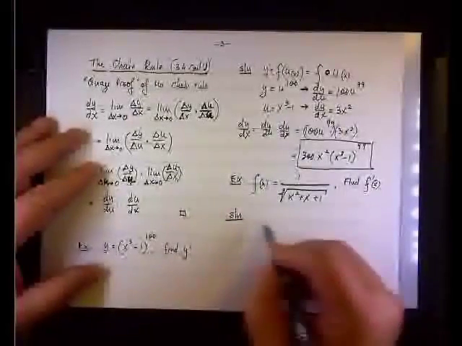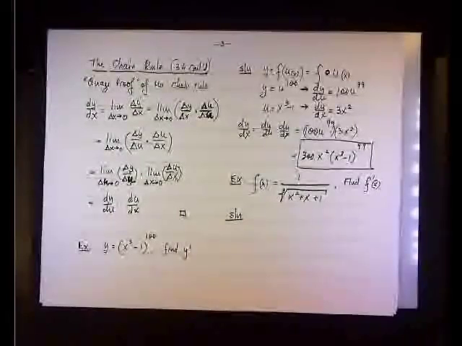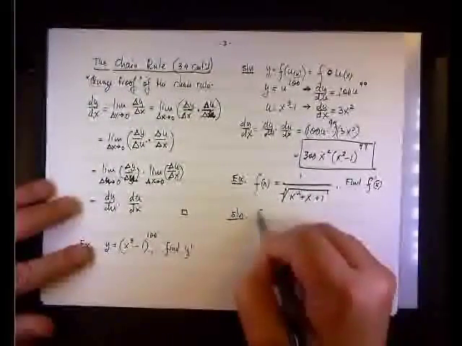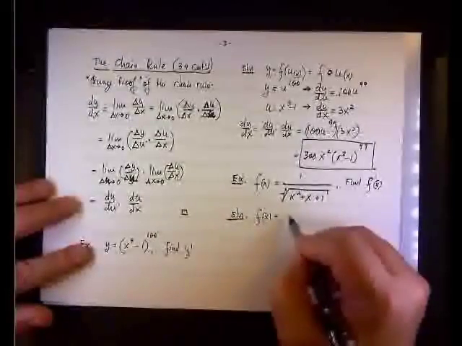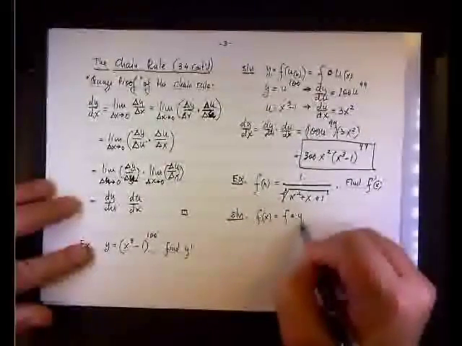Let's do the following. I'm using slightly different notation now. I don't know if you were exposed to this notation. Again, I'm going to say that f of x is the composition f composition g.